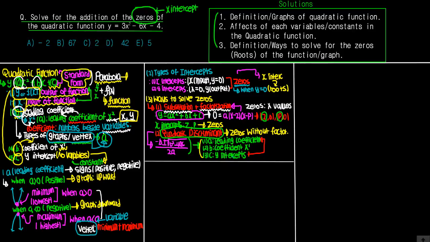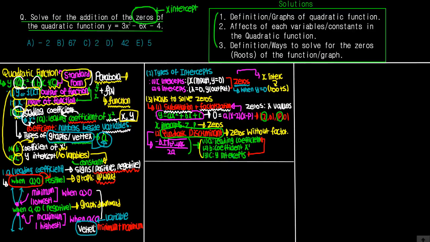And from the first thing, if you think about what the a value defines, it defines the type of our graph, and the vertex depends on its sign. So there will be two cases, depending on whether it is a positive or negative value. The first case will be when the a value, our leading coefficient, is greater than 0. When the a value is greater than 0, which means it is a positive value, the graph of our quadratic function will open upward.